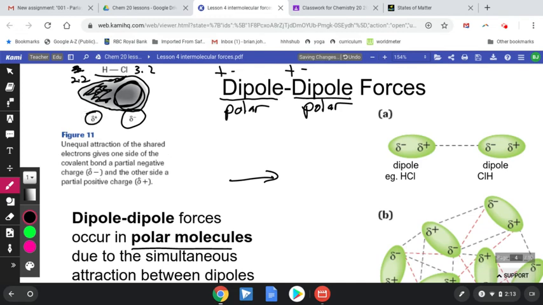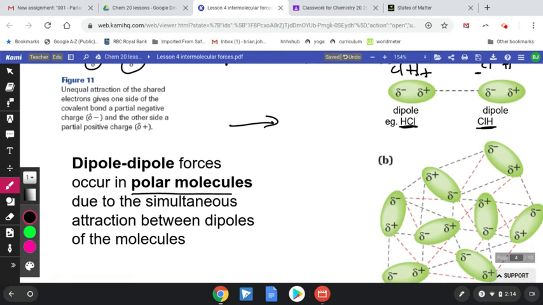If we park one of these HCl's against a neighboring HCl, the positive side of this one, which is the H, goes to the negative side of this one, which is the Cl. So the molecules literally align themselves so that the negative pole of one is attracting to the positive poles of its neighbor.